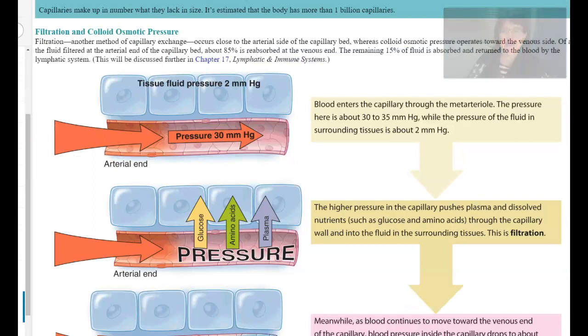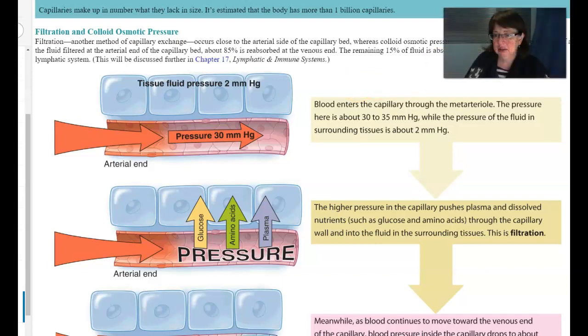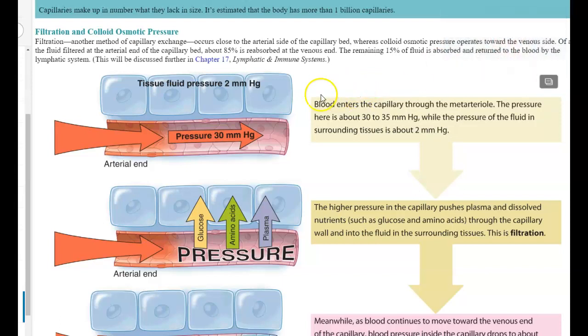Okay, let's explain a very complicated term called capillary exchange. This is the pressures that move the fluid out of the capillaries. They wash over the tissues around it and then pull the extra fluid back into the veins. Capillaries are very thin and the tissues are quite close to them.